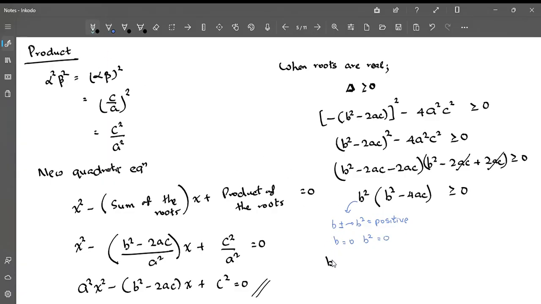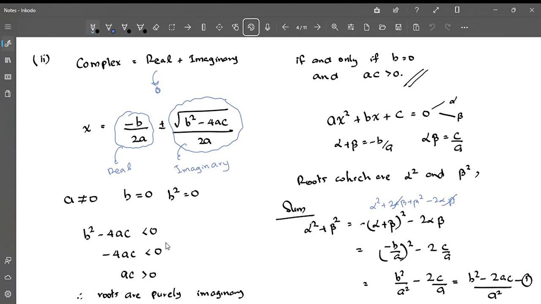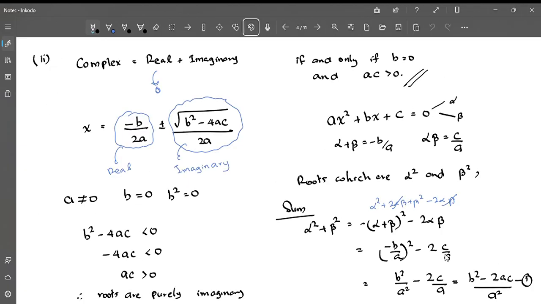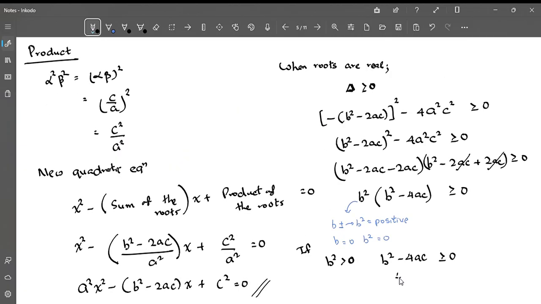When b squared is positive, to make this whole thing positive, b squared minus 4ac also must be positive, or equal to 0. In the previous answer, we saw that b squared minus 4ac is greater than or equal to 0 when alpha and beta are real. This is the condition. Therefore, alpha and beta are both real.